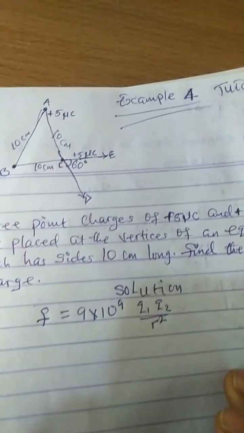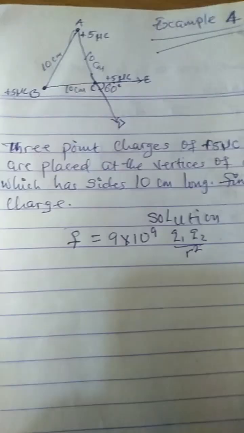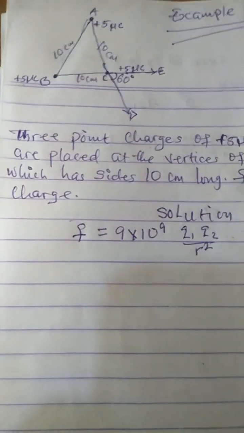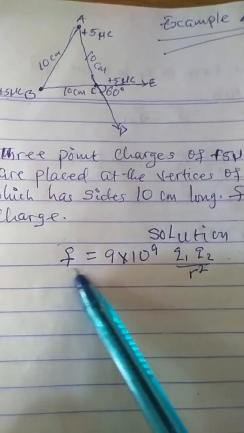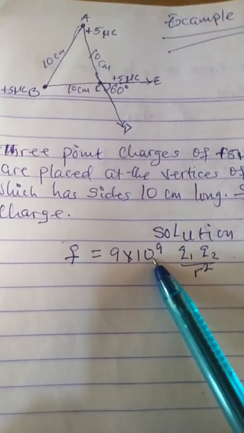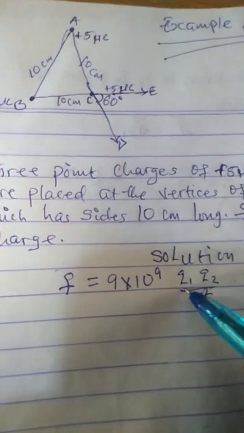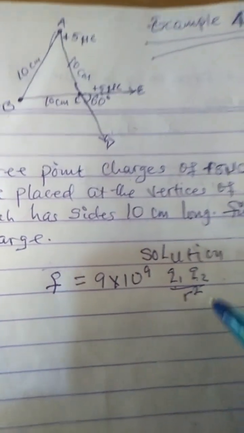So F, which is going to be the sum of the forces in order to find the force on each one, is equal to 9 times 10 raised to the power of 9, Q1 Q2 all over r squared.